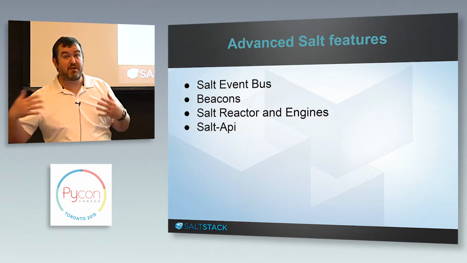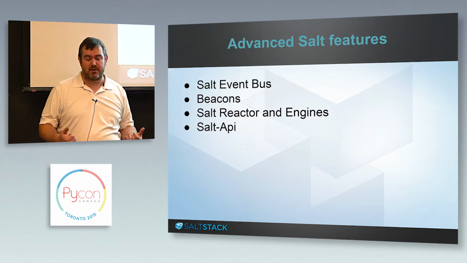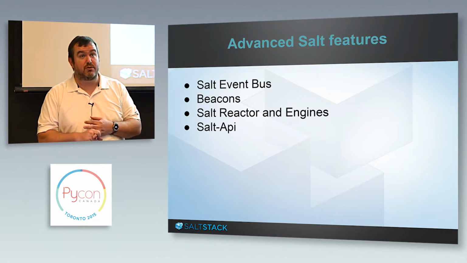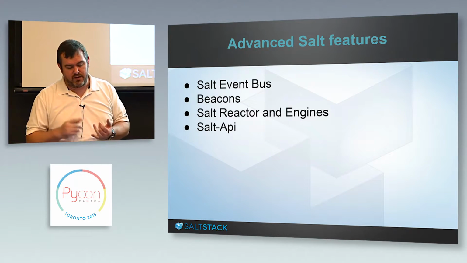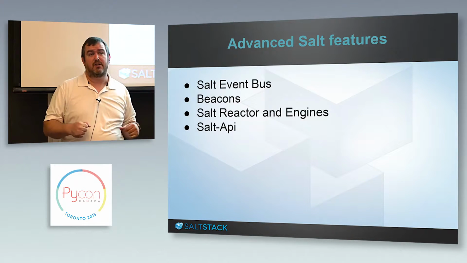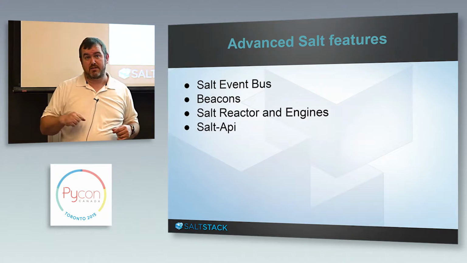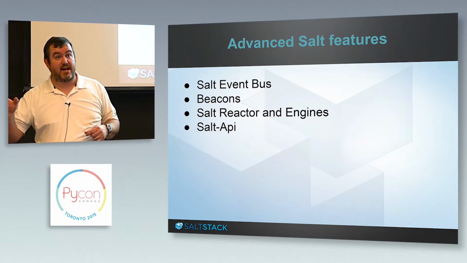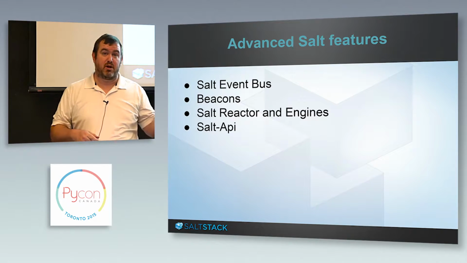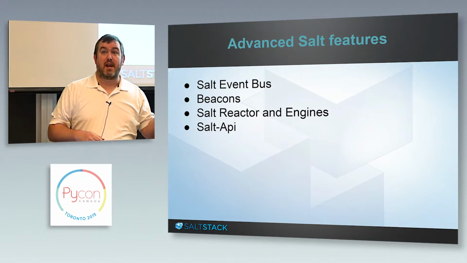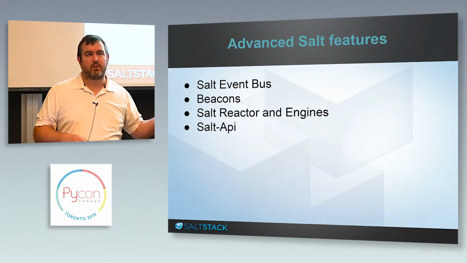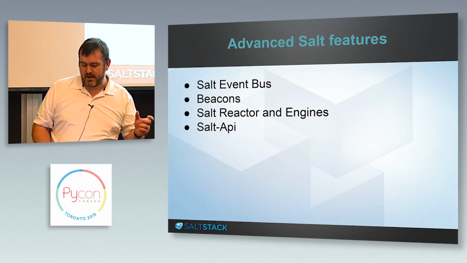Now, we have all this data of things that are happening on your servers, and there's several things you can do with that. One, you can use what's called the Salt Reactor. The reactor allows you to watch that event bus, look for specific tags that you care about, and when the master sees a tag, it'll pass it off to the process and then run an SLS file or a Salt execution based on whatever happens in that tag.